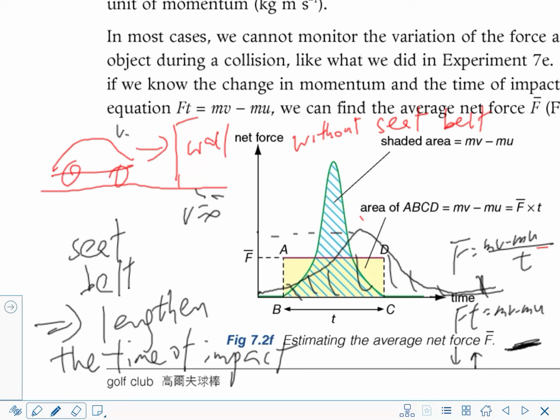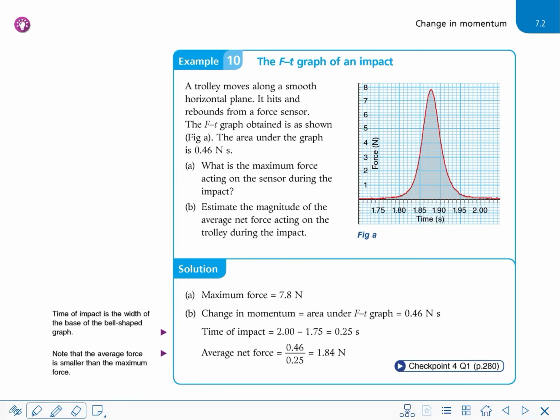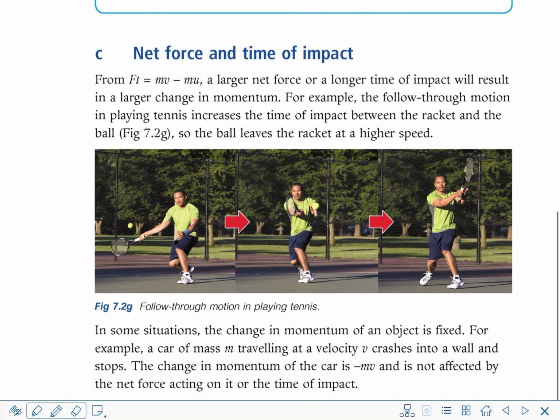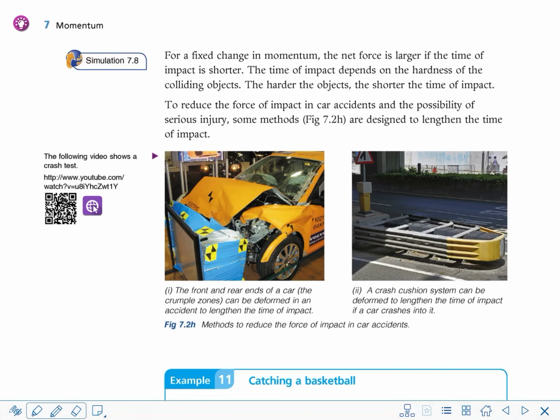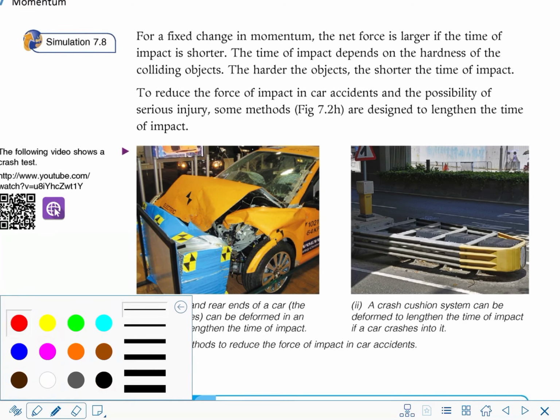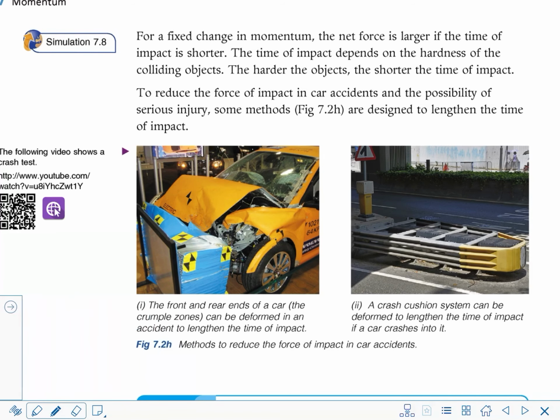Now suppose they have the same idea, because change in momentum is the same. V is 0. U is the initial speed, which is also unchanged. So we need to design something to lengthen the time of impact, so we can have a smaller net force.